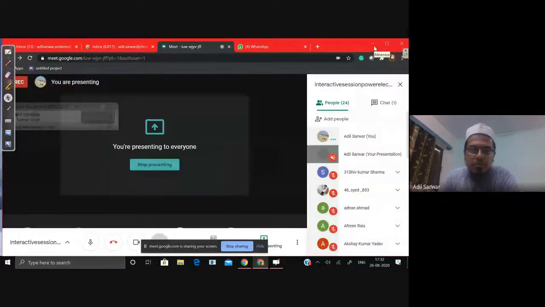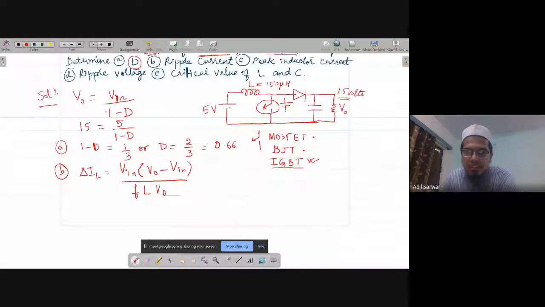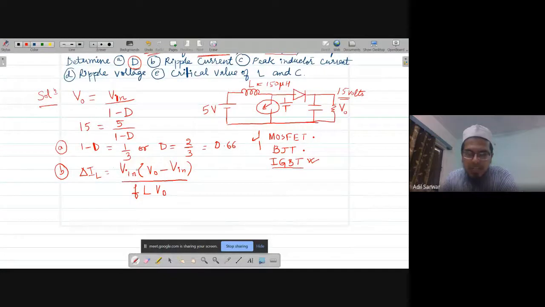There are multiple expressions that I had derived. We could use an expression in which the variables are known to us from the given problem. So V in is known, V O is known, F and L are known, so we can use this relation.